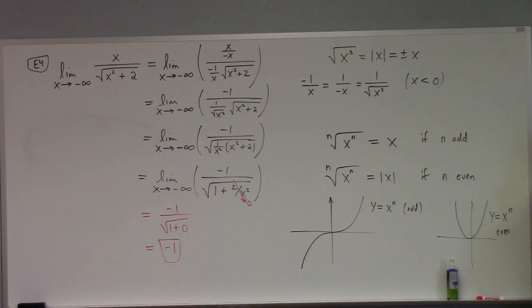rule. And like I told you guys last time, if the limit of f over g is type 0 over 0 or infinity over infinity, then the limit of f over g is equal to the limit of f prime over g prime, provided they exist.